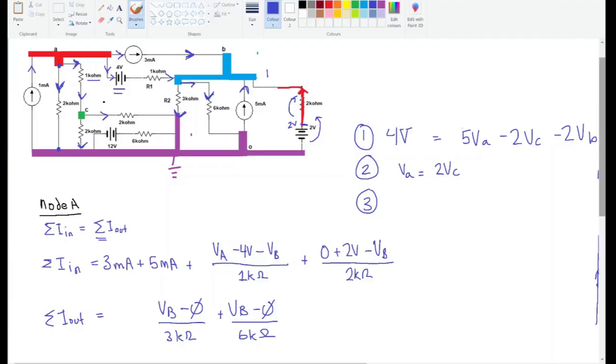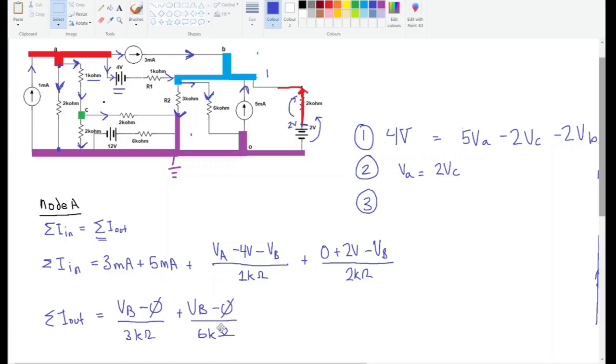This one, the 6 kilo ohms one, is this one over here. And let's see, what else is there? So that's leaving, that's leaving. Is that it? 1, 2? Yeah, that looks about right.